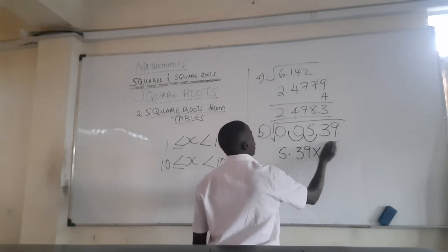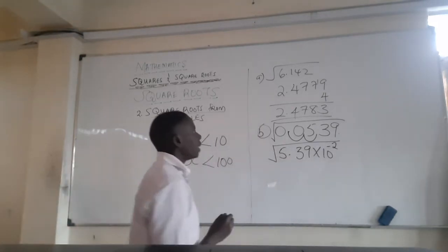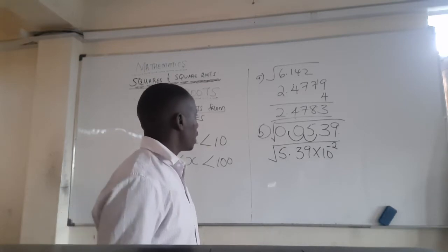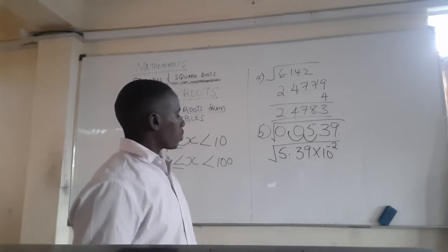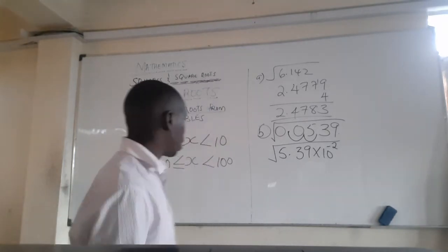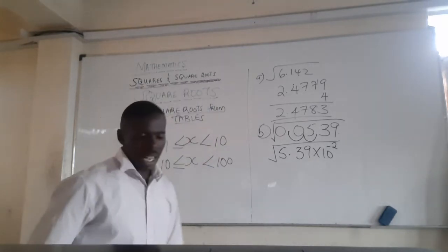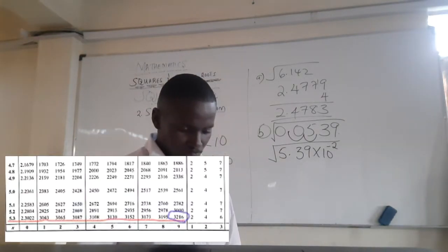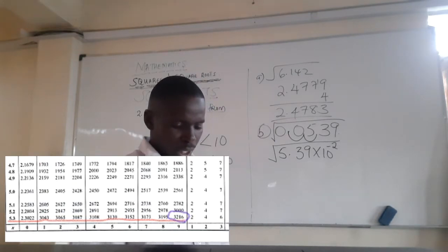It's a decimal number, and we are looking at the square root. When it's like that, we read from the table, directly from the first table between 1 and 10, for 5.39.